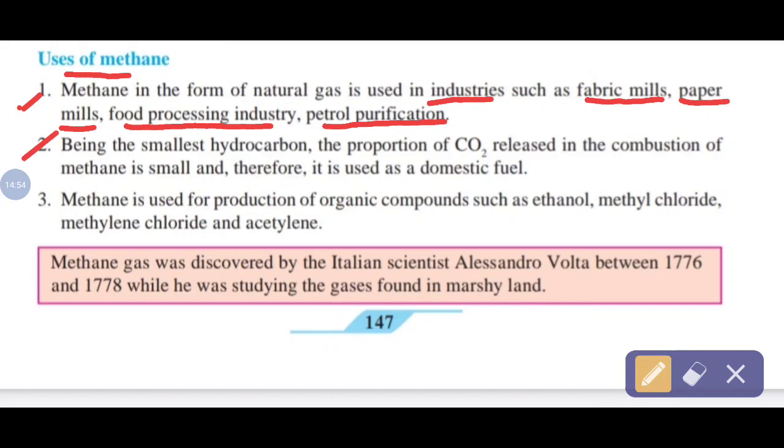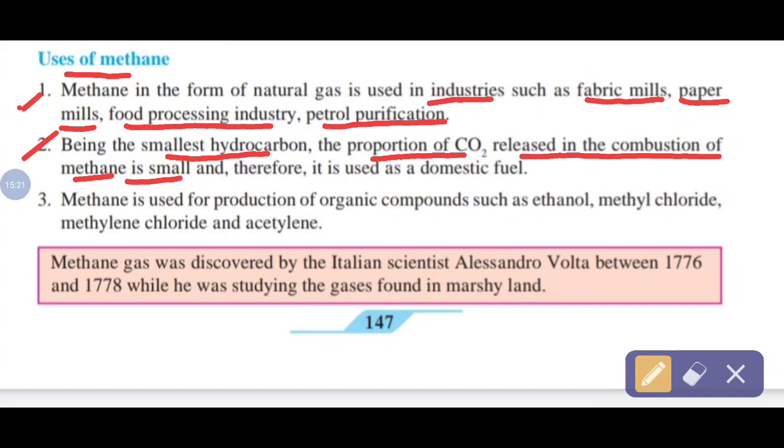Second use: being the smallest hydrocarbon. Which is the smallest hydrocarbon? Methane, with only one carbon and 4 hydrogen. Remember, being the smallest hydrocarbon, the proportion of carbon dioxide released in the combustion of methane is small.